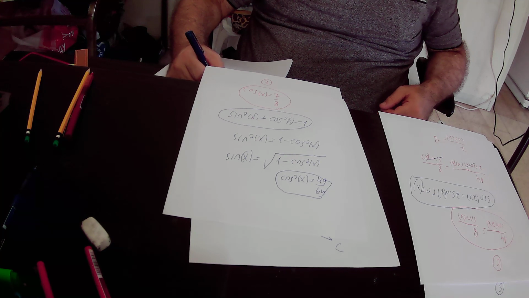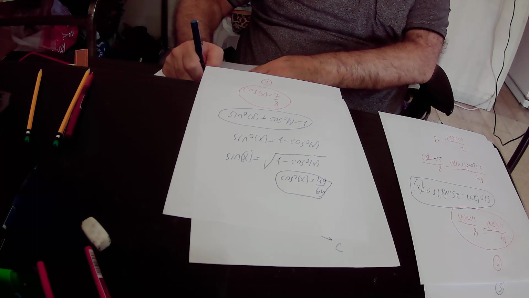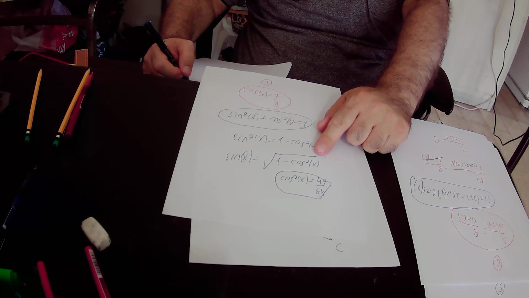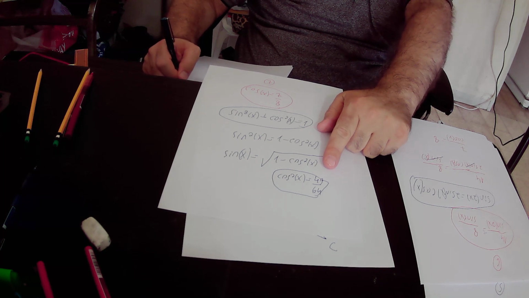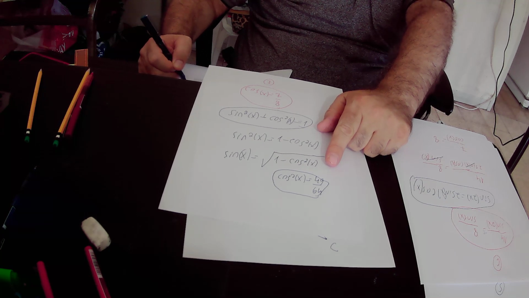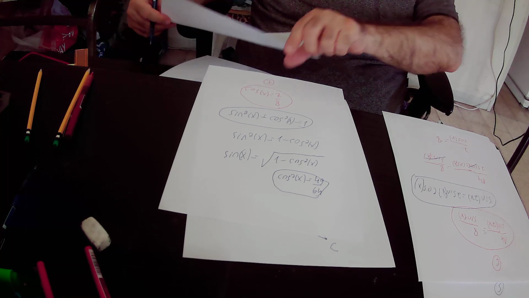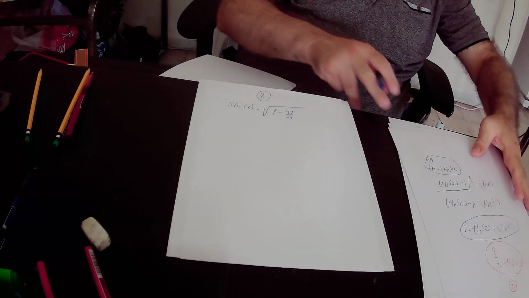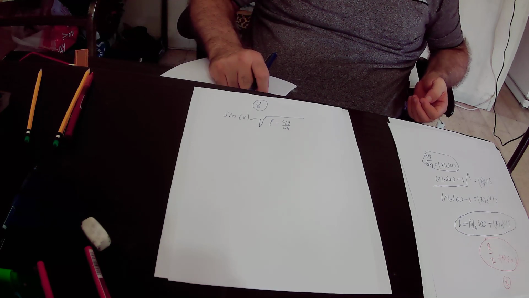So we can substitute cosine square x by 49 over 64. We will get that sine x equals the root of 1 minus 49 over 64.